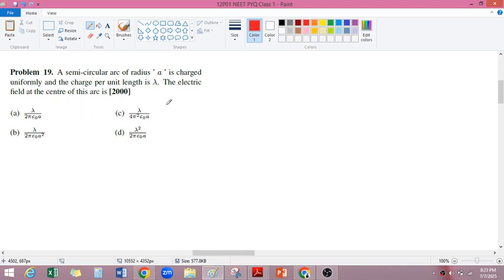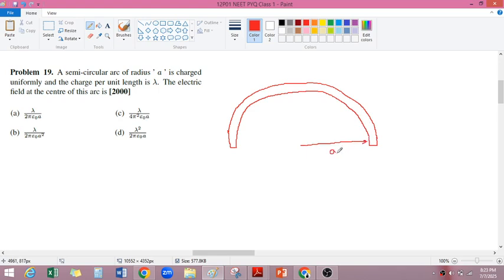Okay. Yes, sir. A semicircular arc of radius A is charged uniformly per unit length of lambda.